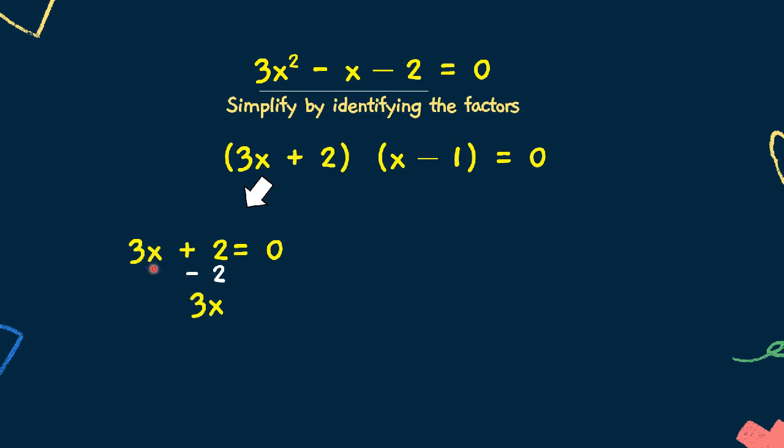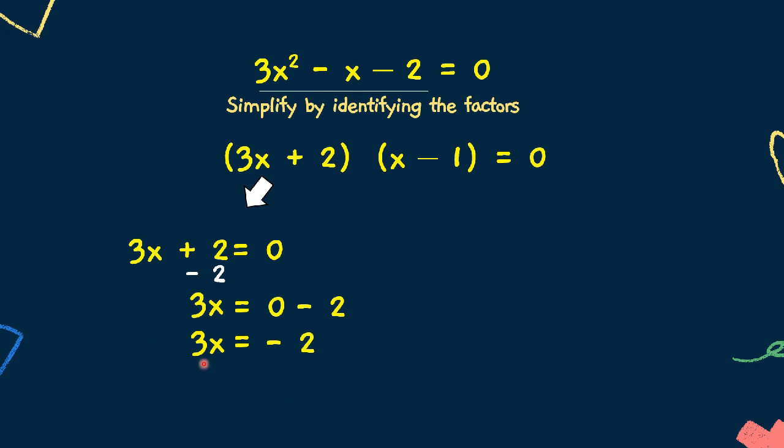The remaining term is 3x. Copy the equal sign and bring down 0. Whatever we did on one side, we also do on this side. If we subtracted 2 on the left side, we also subtract 2 on the right side. So 3x is equal to negative 2.